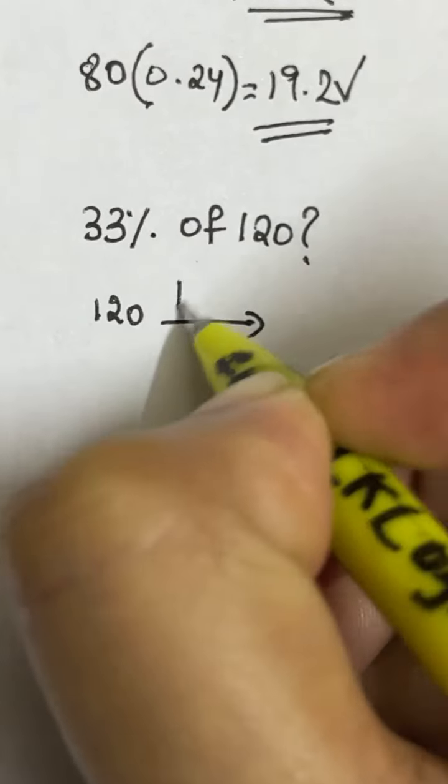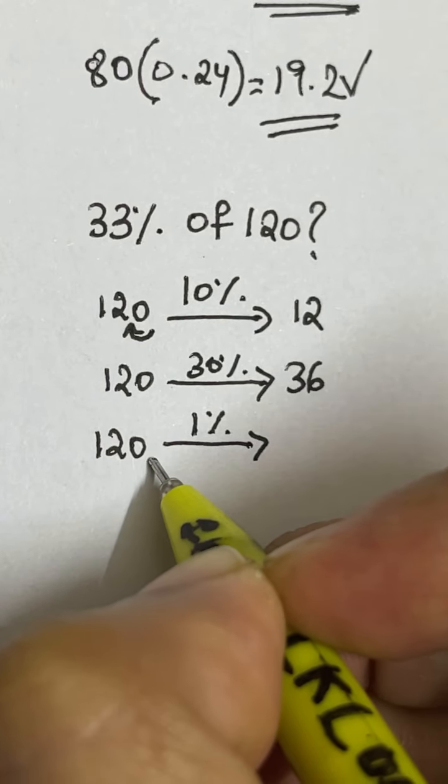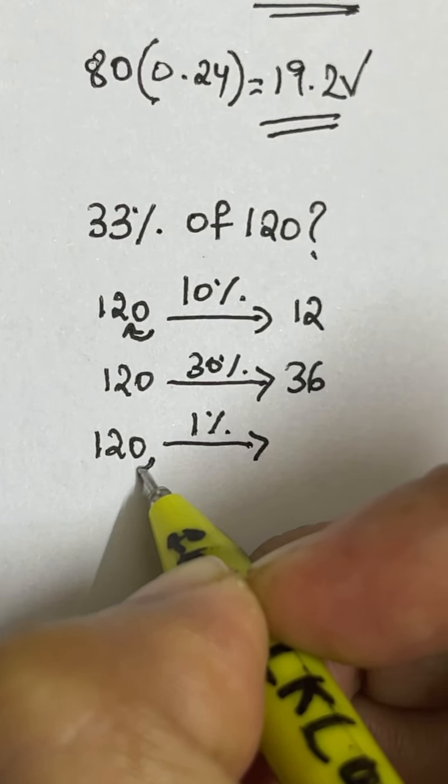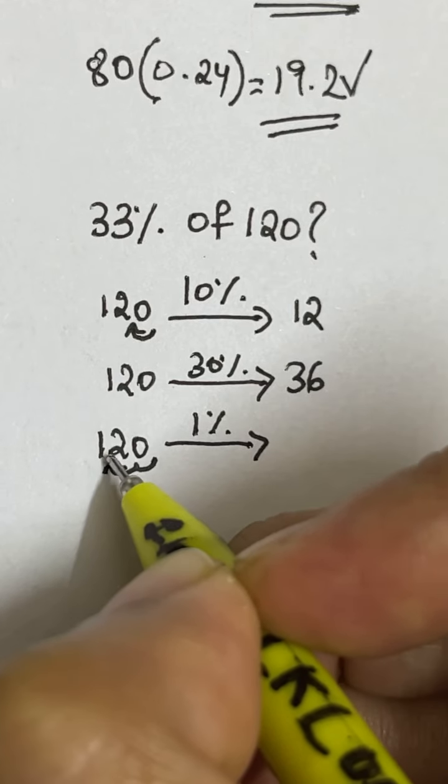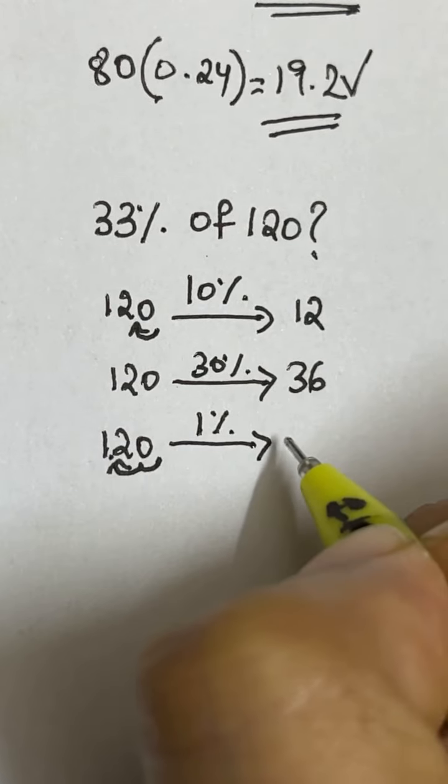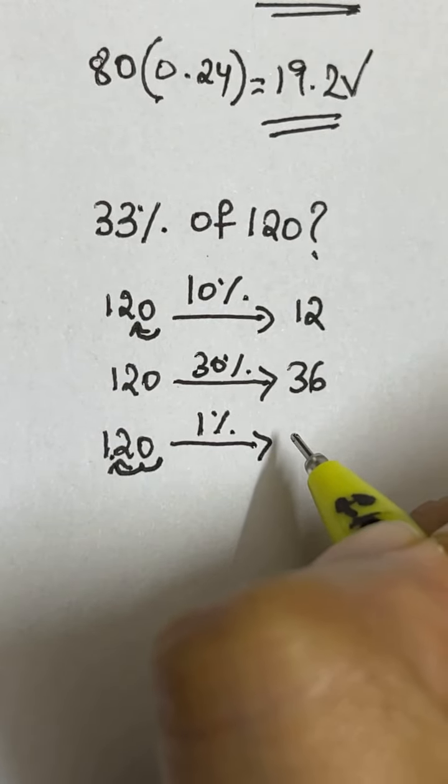Now the next task is to find 1% so that it's easier for you to find 3% more. So 1% of 120, keep the decimal towards right, move 2 slots towards left. That means 1% of 120 is 1.2.